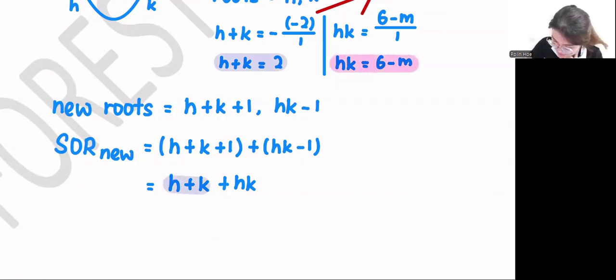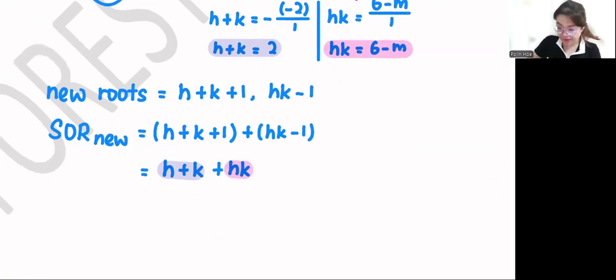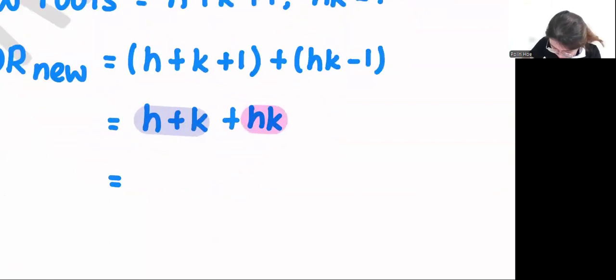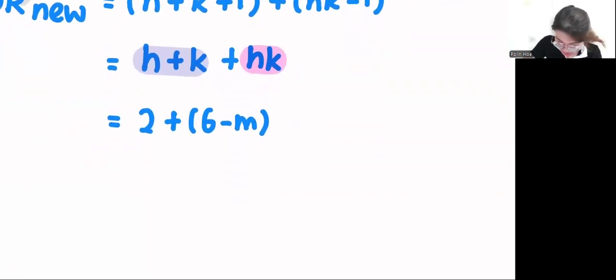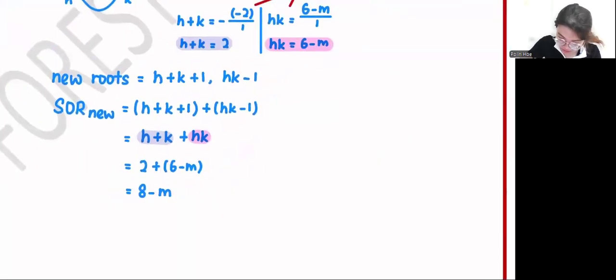HK is equals to 6 minus M. Copy inside. 抄进来 substitute it in. 你有2 plus 6 minus M. You get 8 minus M. Of course, you have your new POR.